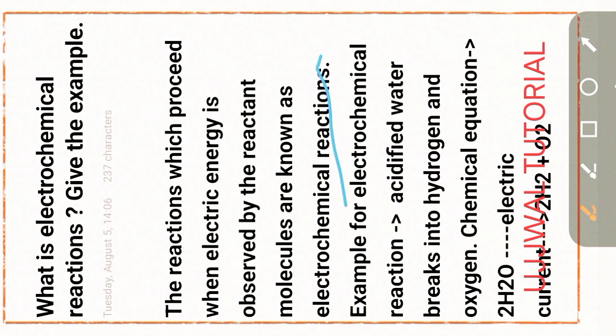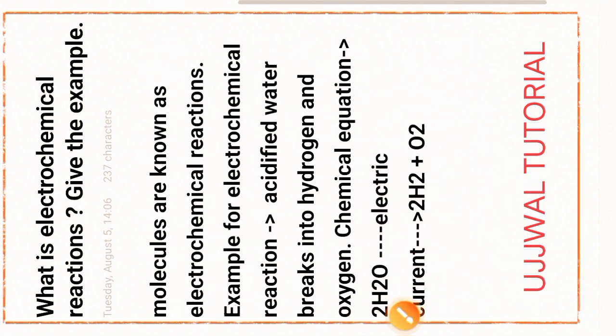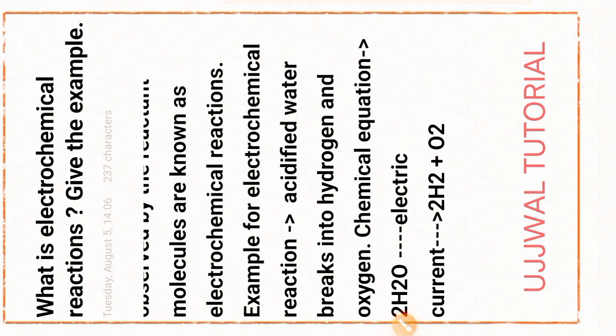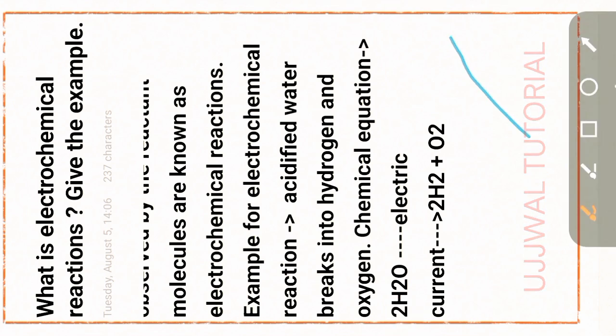For example, electrochemical reaction equation, that is the acidified water breaks into hydrogen, H2, and oxygen, O2. Chemical equation, that is 2H2O absorbs electric current to form 2H2 and oxygen O2. Thank you, my dear viewers.